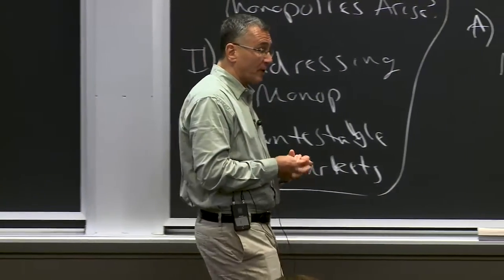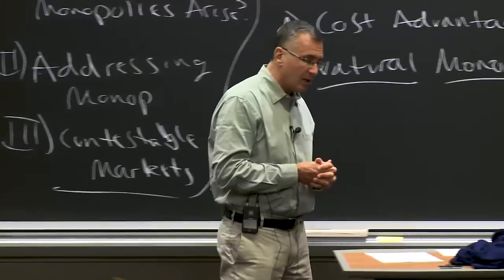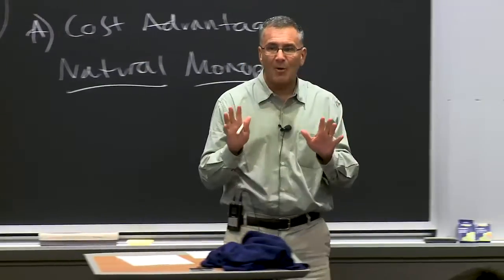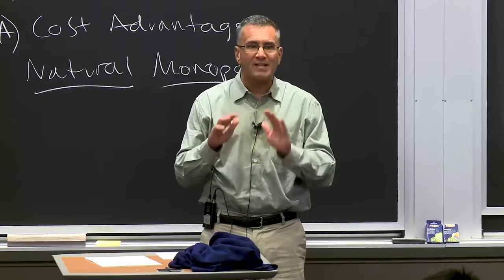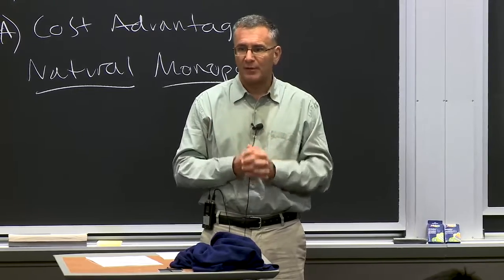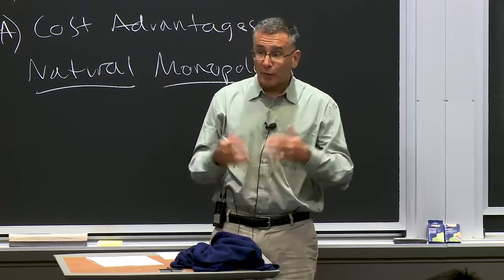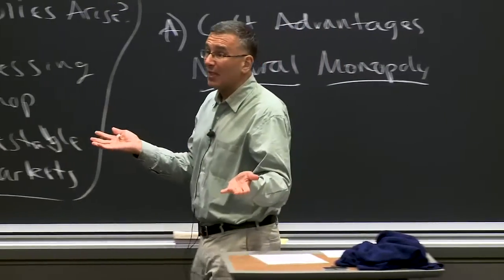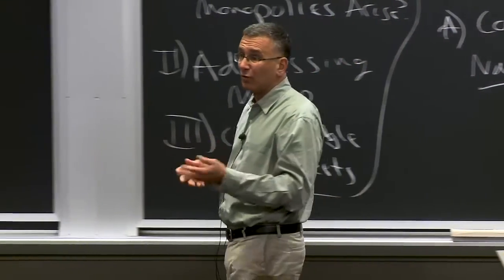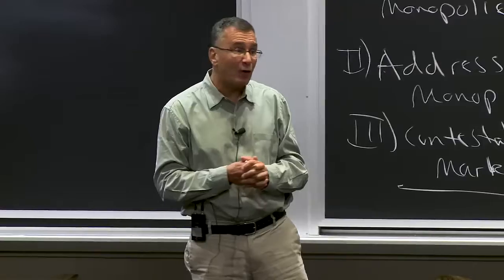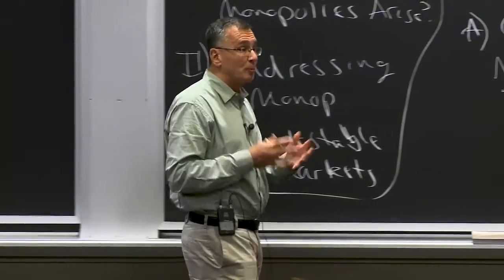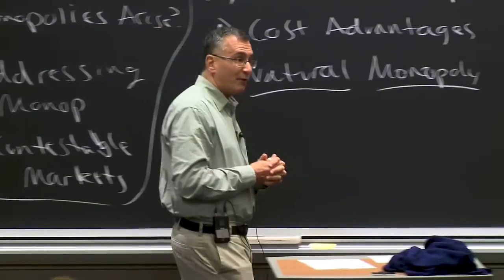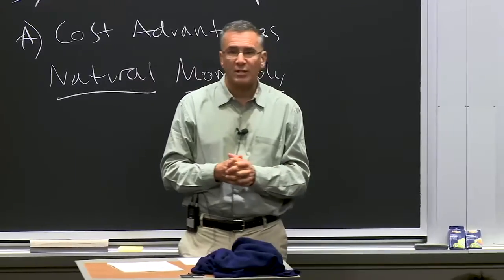Well, the first firm will say, I'm just going to tell you right now, if you enter this market, I will price at marginal cost until you leave. For the first firm, they've already paid to lay down the pipe, so as long as they're pricing at marginal cost, they're not losing money. But the second firm will lose money if the first firm stays at marginal cost. So they'll just never enter.